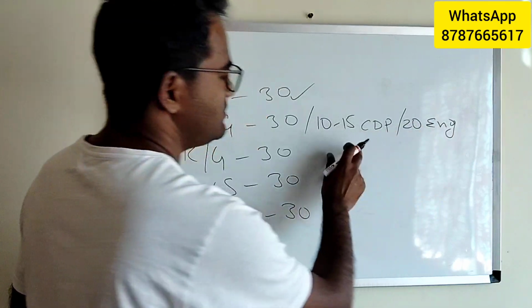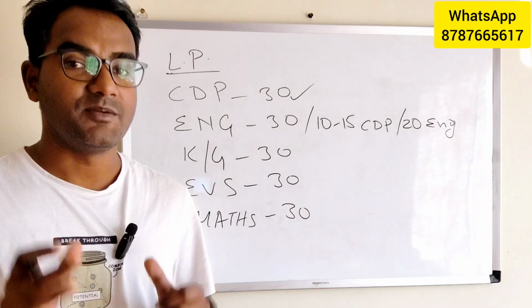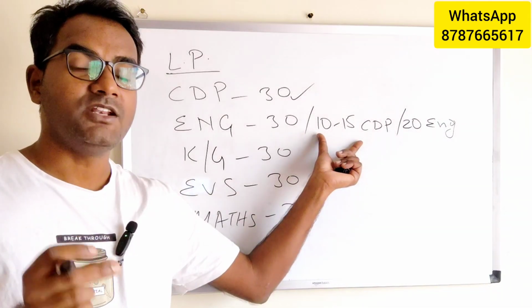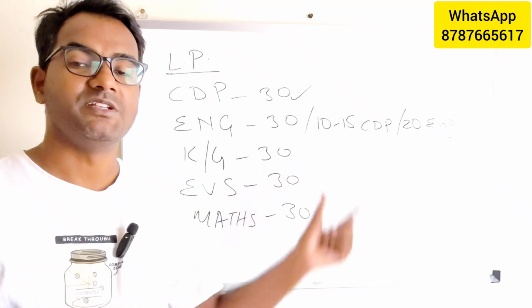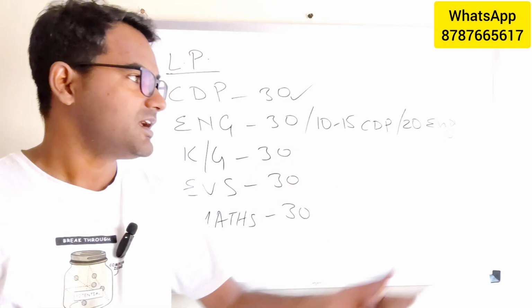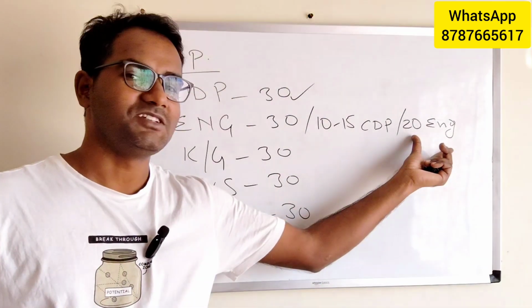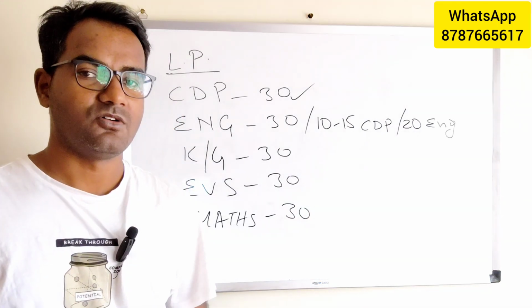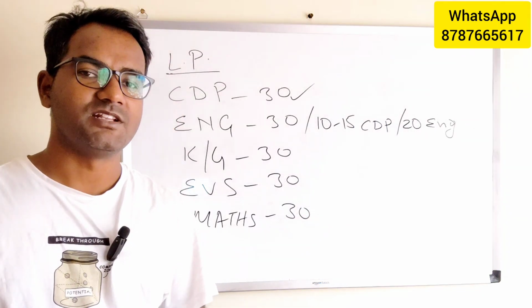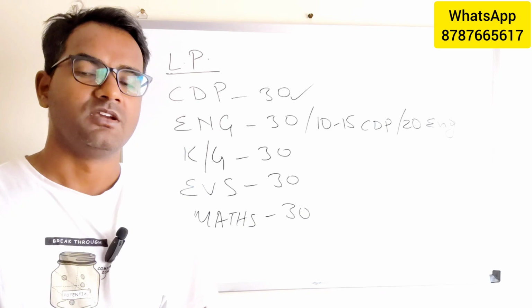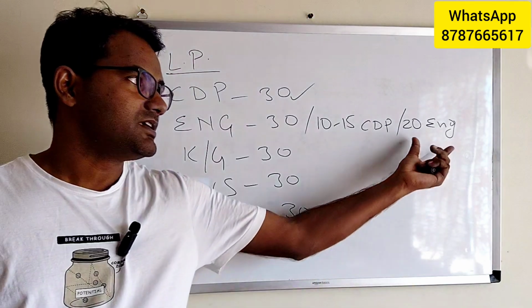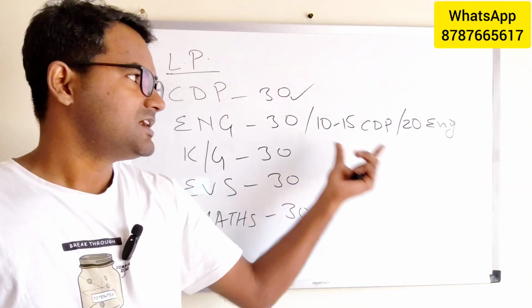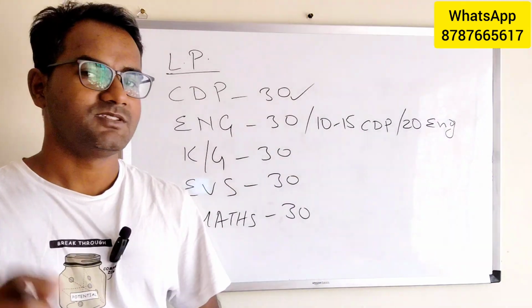The English content, the grammar, the literature, the prose, the poetry, will be around 20 questions at maximum. Then 10 to 15 questions are coming from CDP.